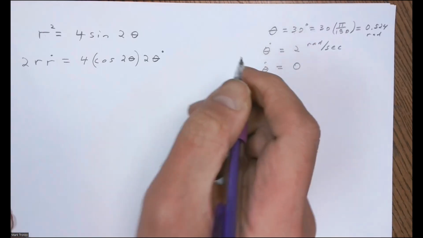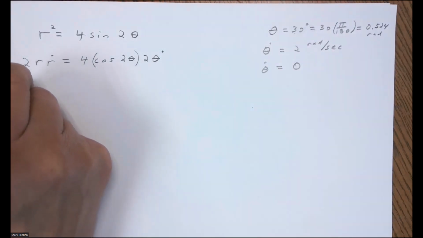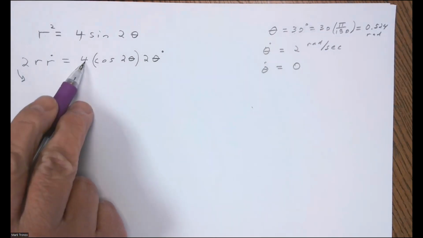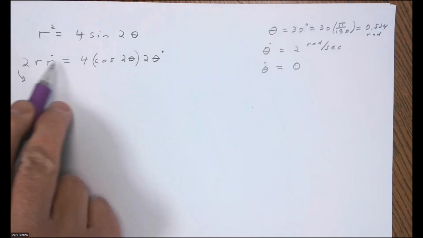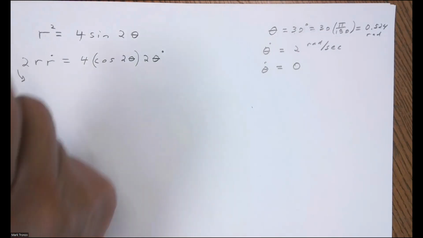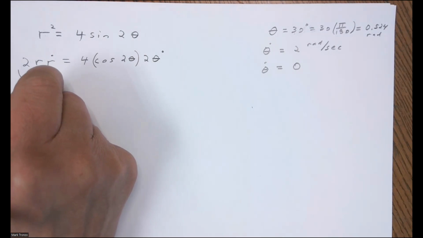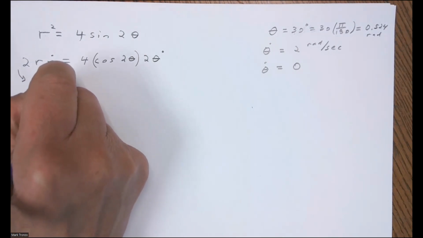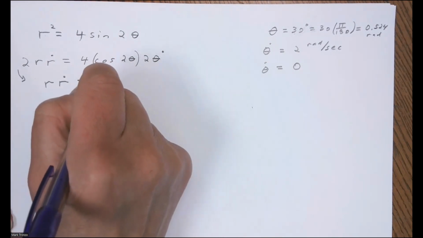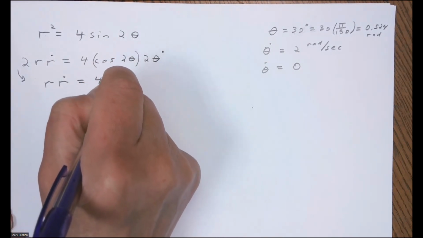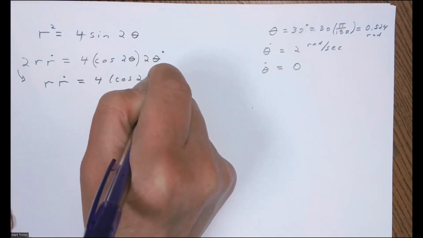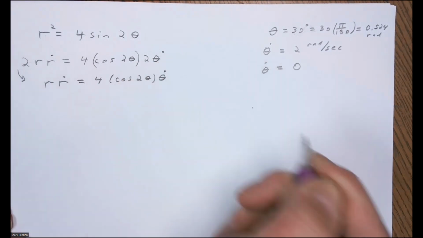And so let me just rewrite this equation here. I'm going to divide both sides by 2 and get rid of this 2. That's going to give us r dot equal 4 cos 2 theta times theta dot.